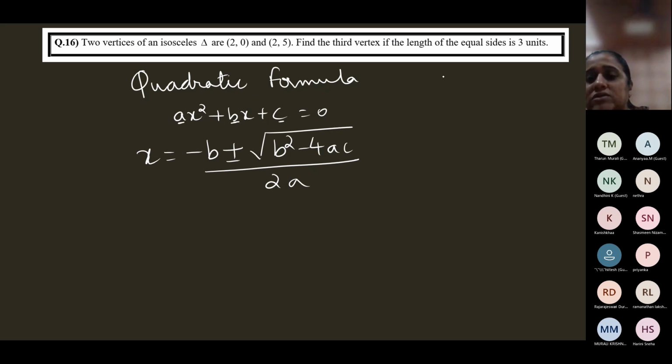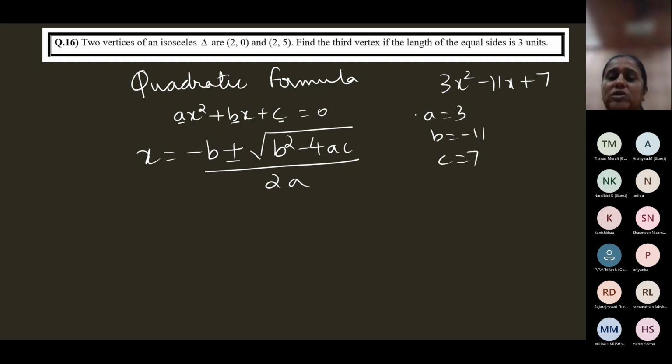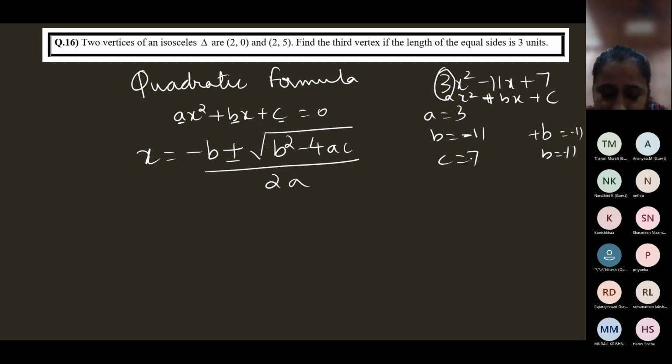So for example, if you have 3x² minus 11x plus 7, a is 3, b is minus 11, c is 7, because you'll have to compare it with ax² + bx + c. Make a note of this if you have not learned it in school.